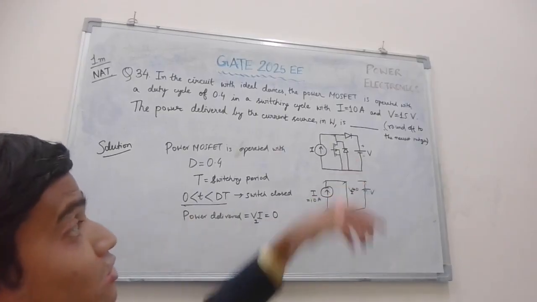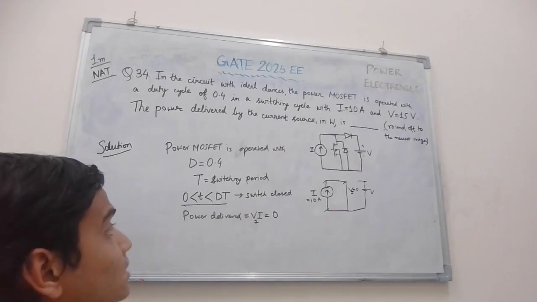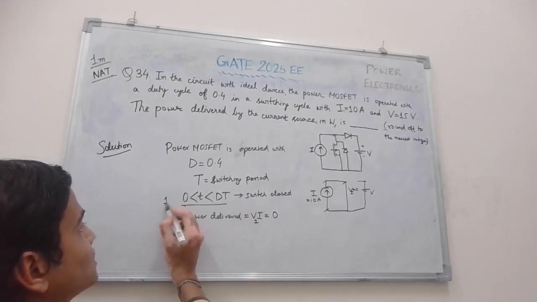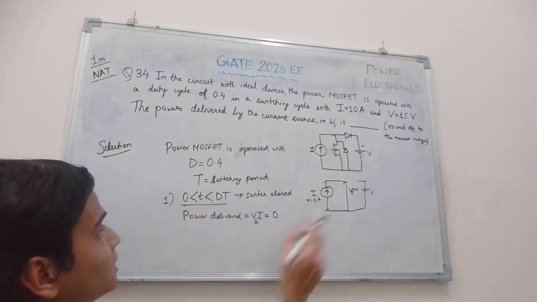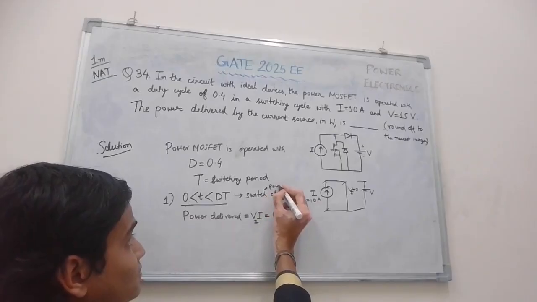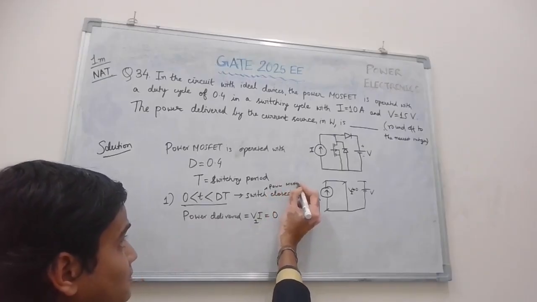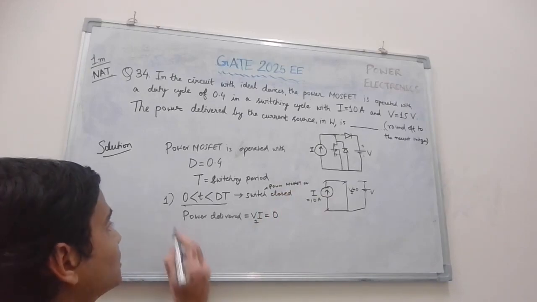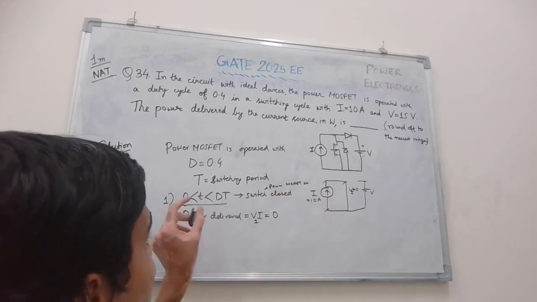Across the current source there is no voltage, voltage नहीं है current source के across, तो इस डिविजन में ये हो गया 0. The switch closed है, power MOSFET on. Okay, ये तो एक टाइम हो गया 0 to dT.